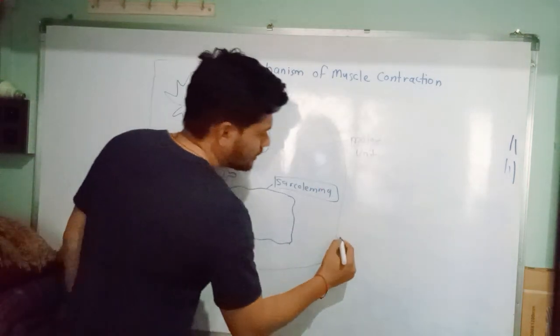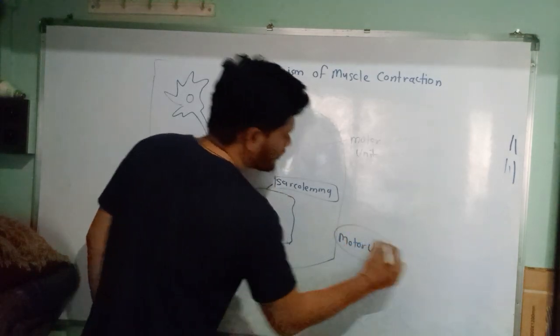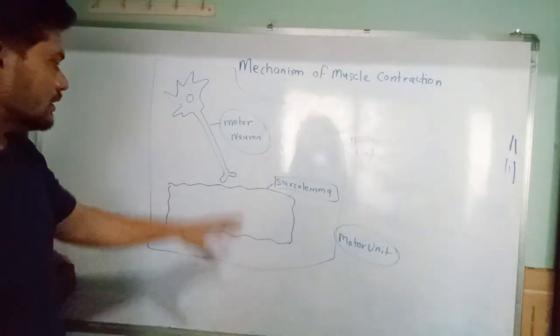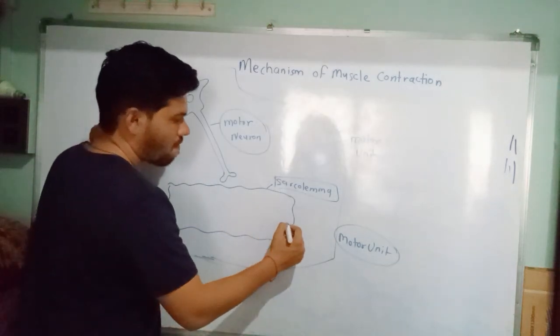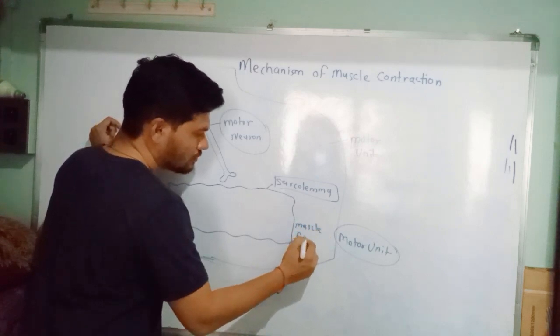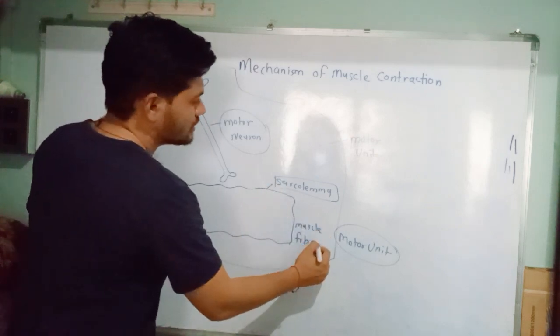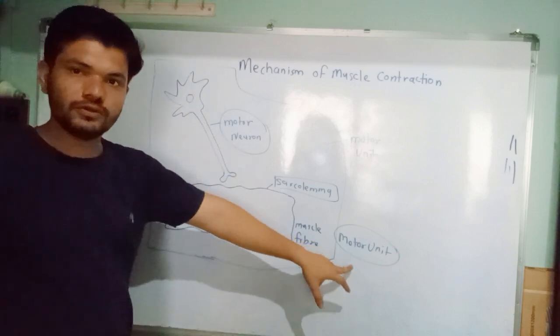I will write here: motor unit. Motor neuron along with the muscle fiber, the muscle cell, both together are called a motor unit.